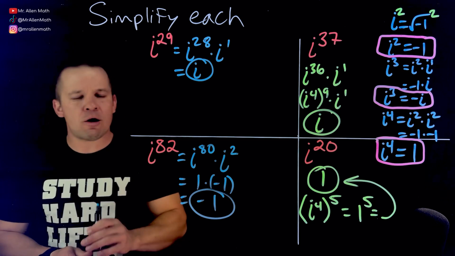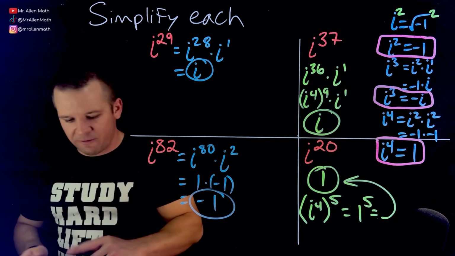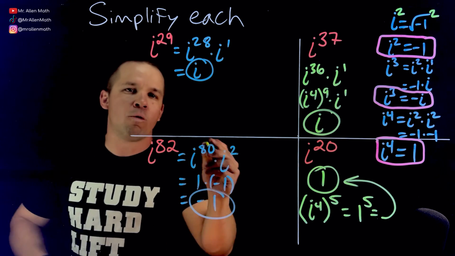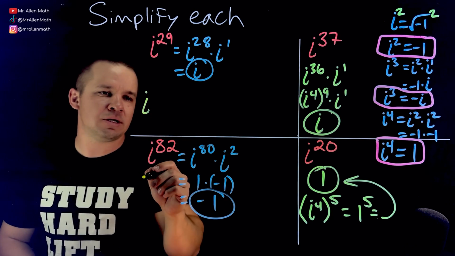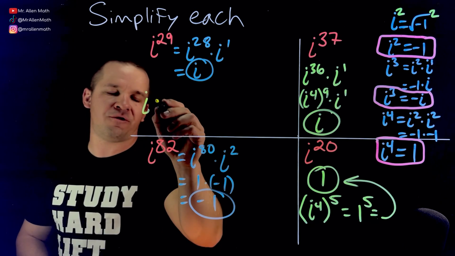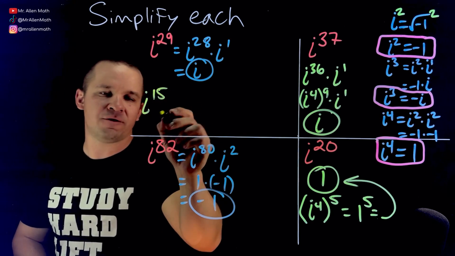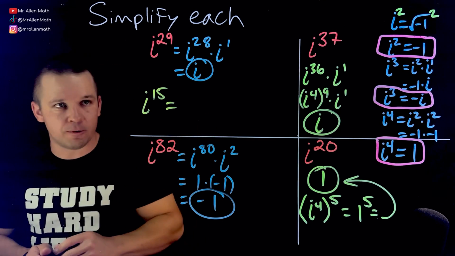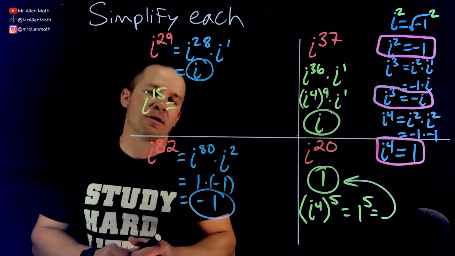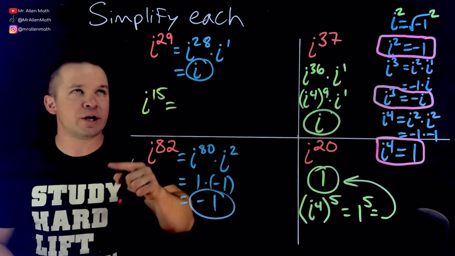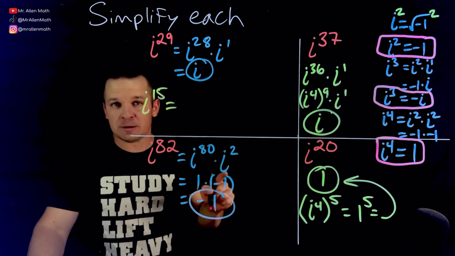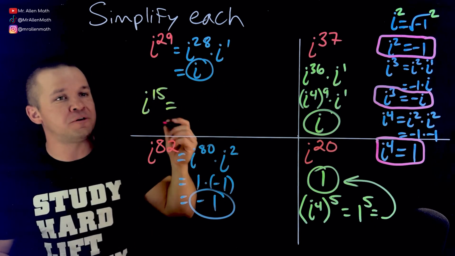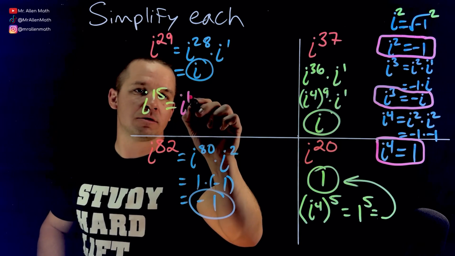Nice. Now, there was one example that I realized I don't have on here. So let's do this real quick. What about i to the, let's go with 15. i to the 15th. What would that equal? Well, i to the 15th, let's see, I could break that down. What is closest to 15, divisible by 4, but not going over 15? That would be 12.